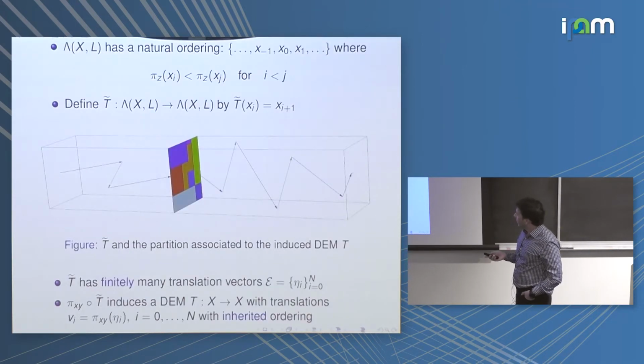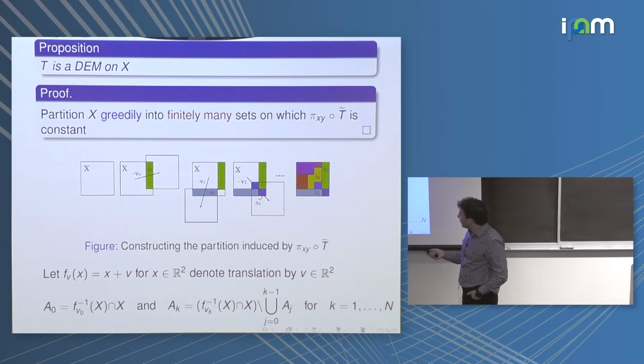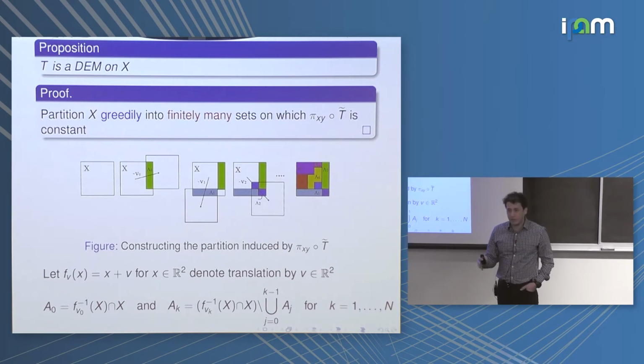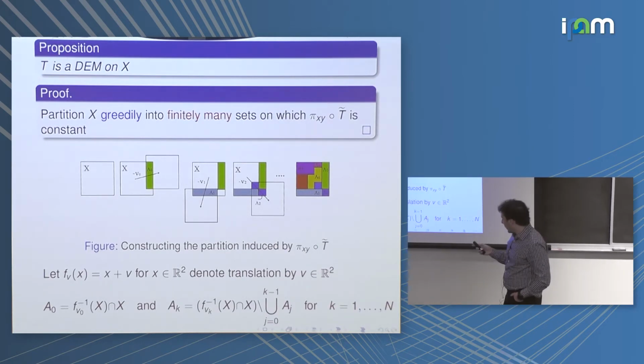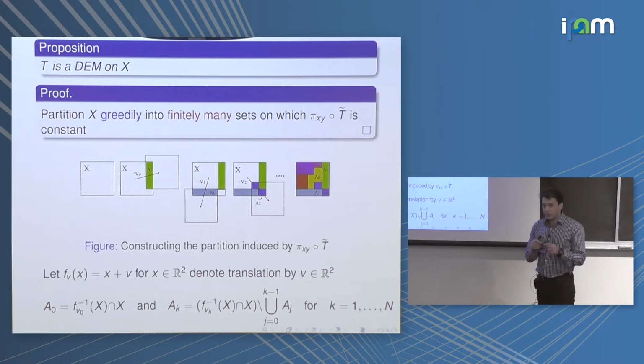But to actually find the tiling, we take our domain X and translate it by a negative v0, where v0 is the smallest vector in this ordering coming from the projections of the translation vectors in T tilde.